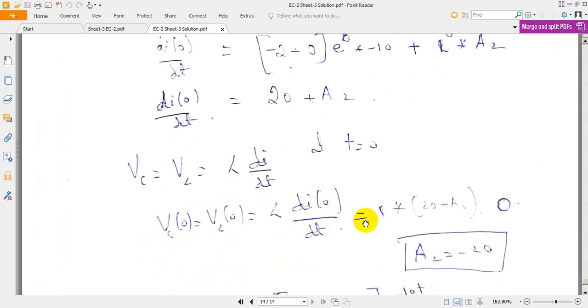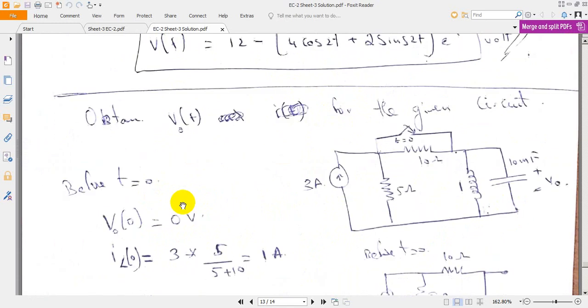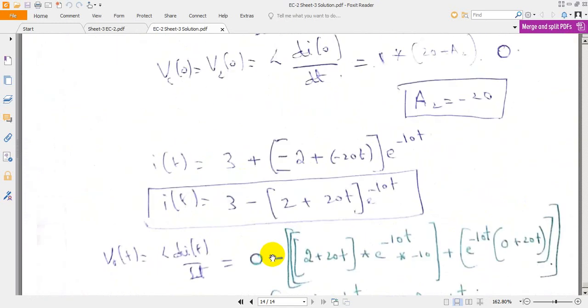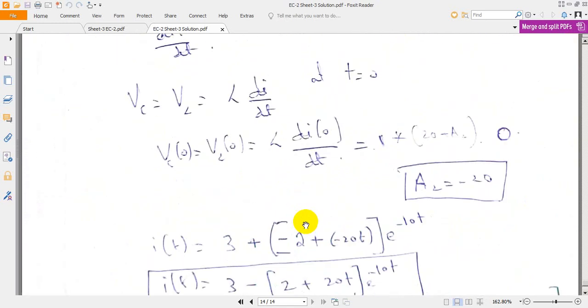We know L value is 1 and di naught by dt is 20 plus A2. This value we are substituting here, and this complete expression, the voltage across the capacitance before switching operation, is equal to 0. At the starting we have written it is 0. So we are taking this value and substituting it here, equal to 0.